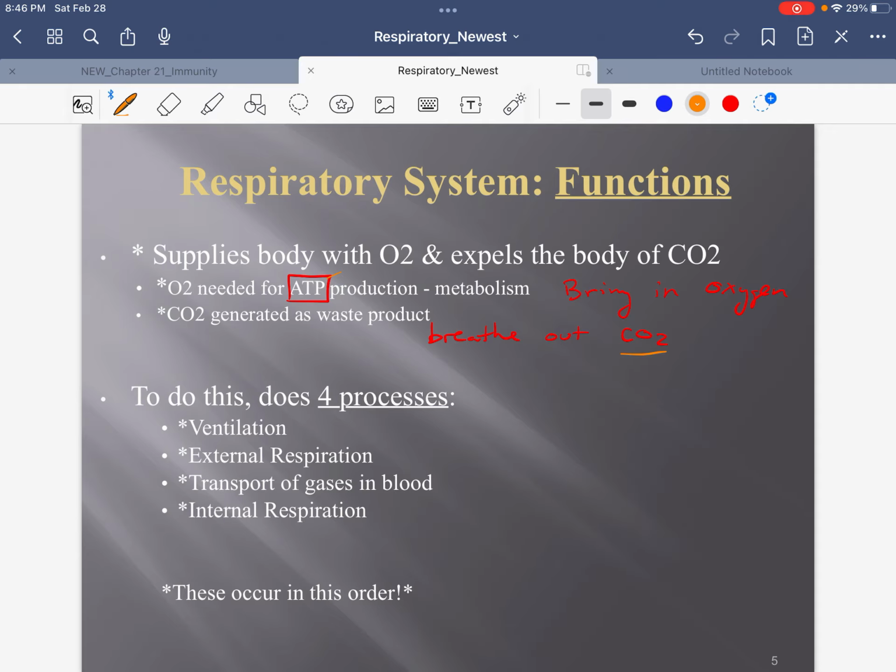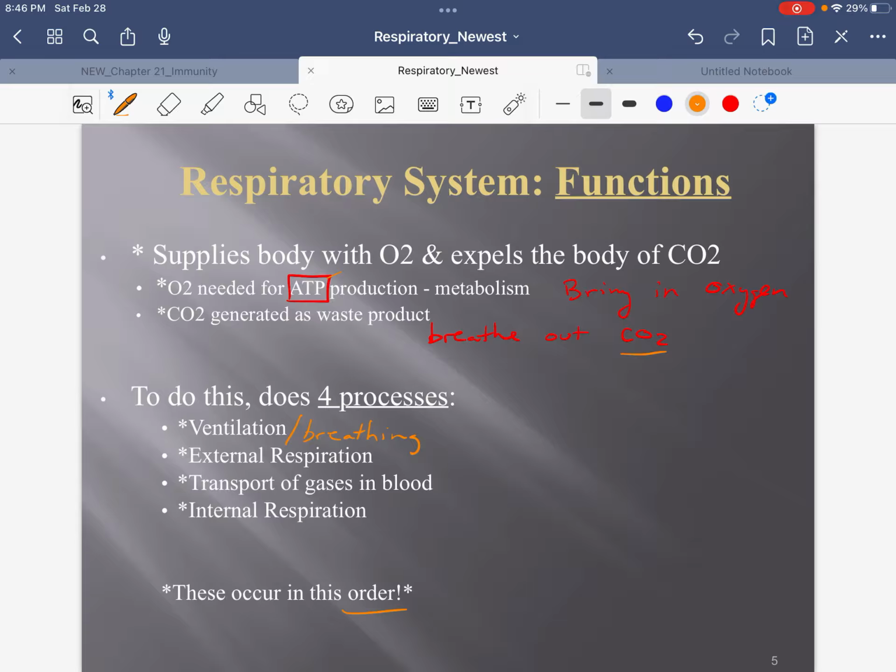Gas exchange happens through four processes, and these happen in order. We've got to ventilate, or breathe. Ventilation is the fancy word for breathing, so we have to do the mechanical process of breathing. Let's say we were talking about oxygen. We've got to breathe to bring in oxygen.